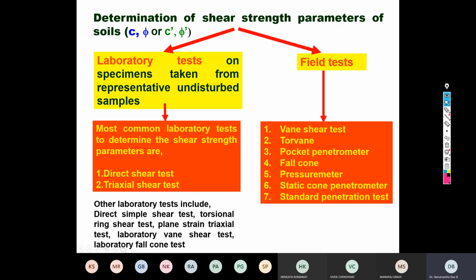These are also commonly used to determine C and phi values. However, in most laboratories we normally find the direct shear test and triaxial testing. The cost of this equipment is quite low compared with the torsional ring shear test, and sample preparation is also relatively easier for direct shear and triaxial, while for the torsional it is a little tedious process.